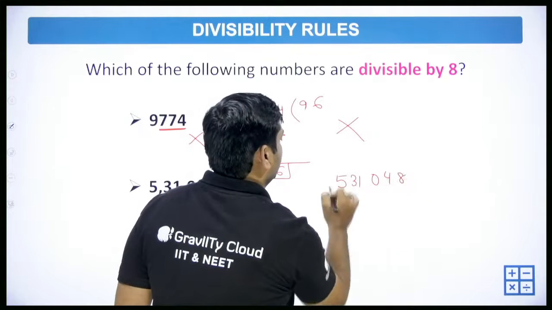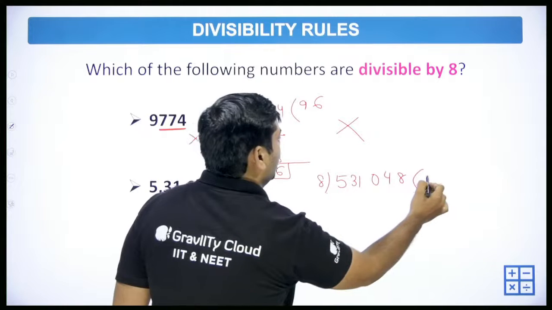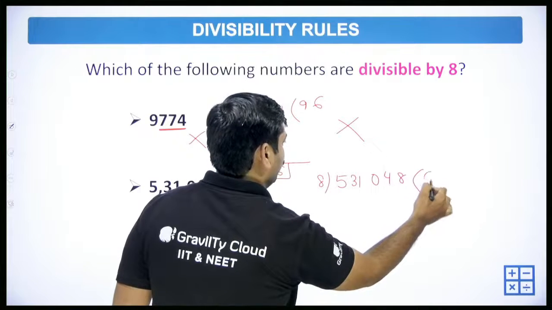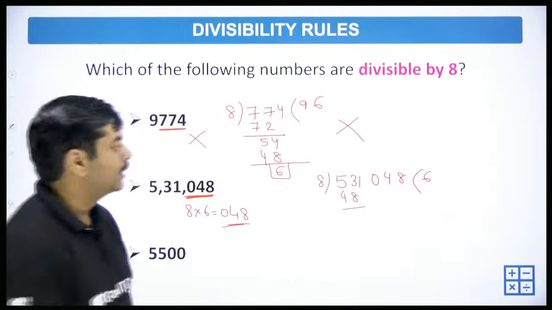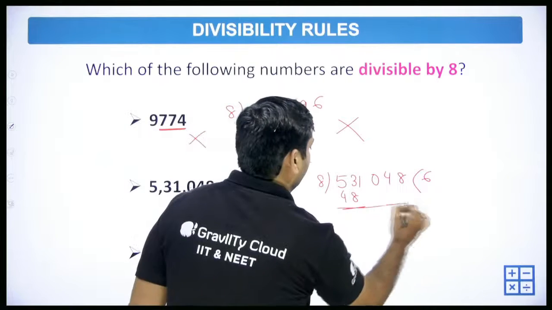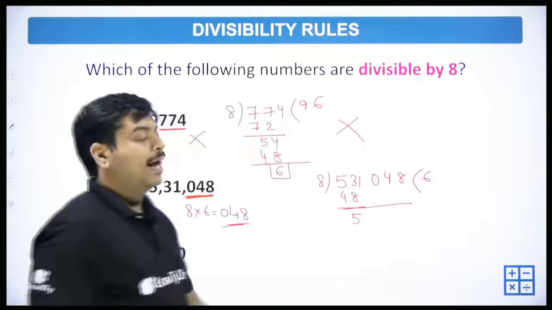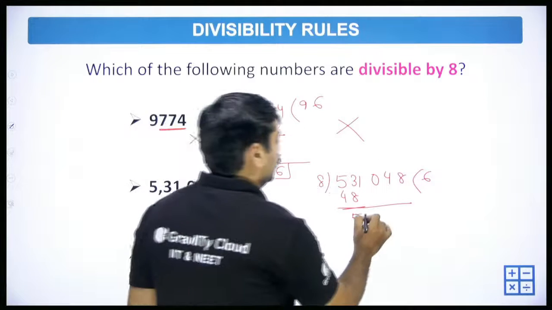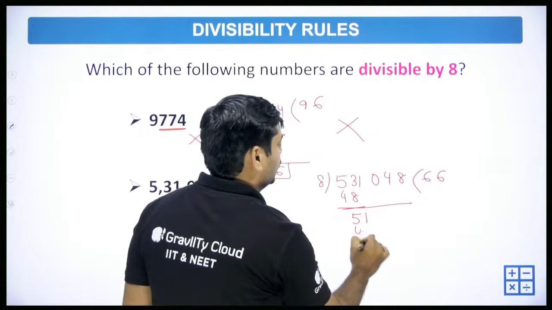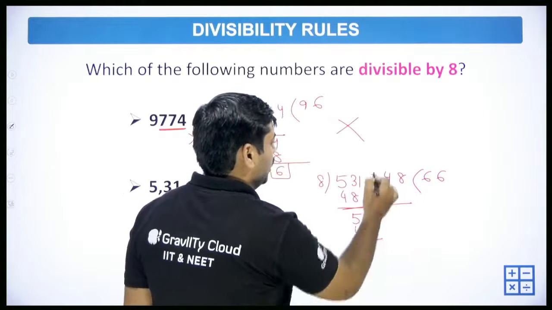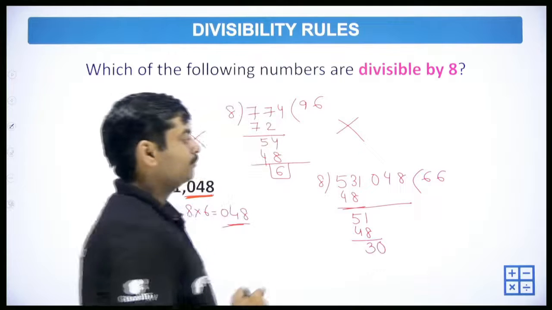If you are confused, let us try to verify that. 531048. Let me divide that with 8. 8 6s are 48. How much are we left with? 2 plus 3, we are left with 5, correct? And then we have 1 here. So 8 6s are 48. Again it is a 3. Now it is 30.